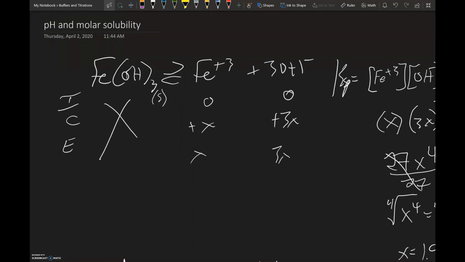As we were talking about earlier, if we have a salt that is either acidic or basic, and you change the pH of the solution, you're going to ultimately affect the solubility of that salt. So we're going to look at this example that involves the iron 3 hydroxide equilibrium that produces Fe3+ and 3 hydroxides.